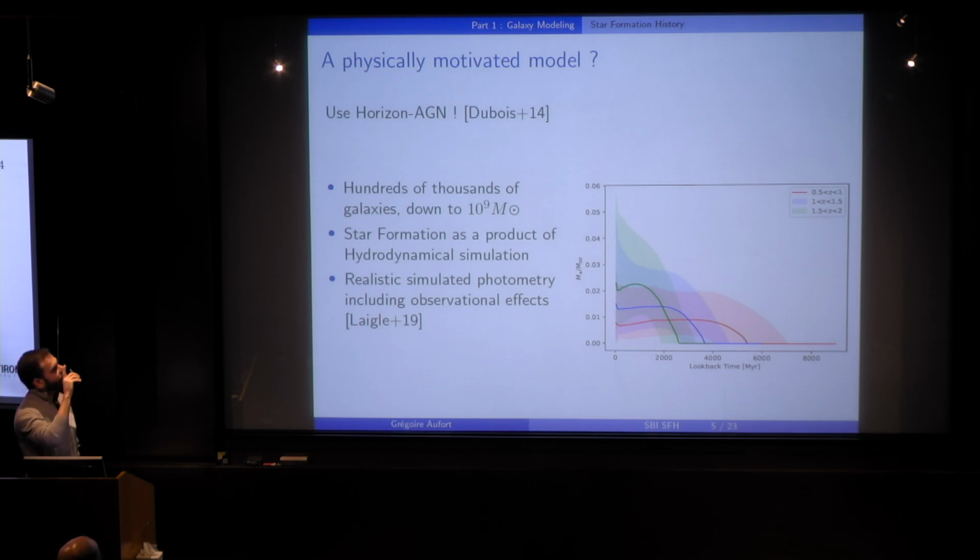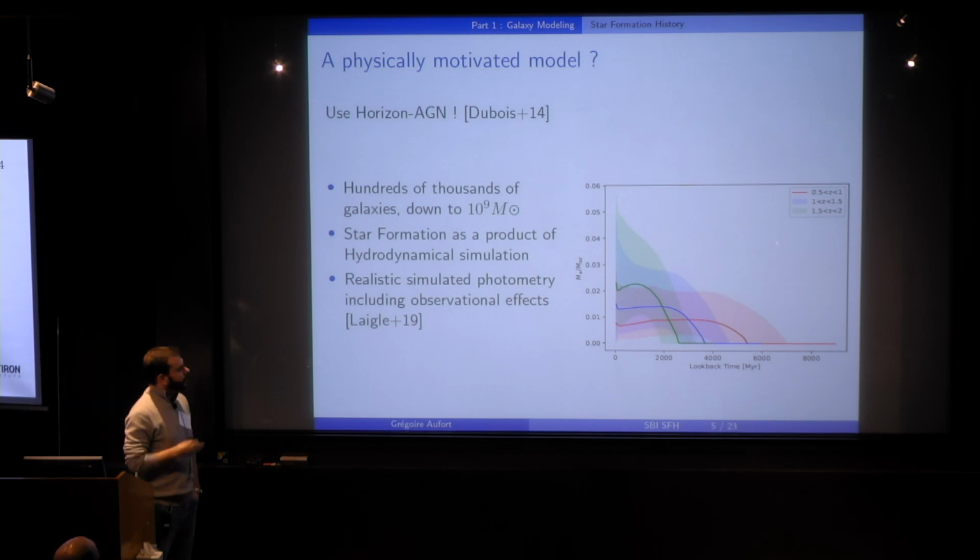So most of the heavy lifting on the simulation part has been done by Yohan Dubois on Horizon AGN, from which I'll be using a few hundreds of thousands of galaxies at redshift between 0 and 4, down to stellar masses of 10 to the 9.